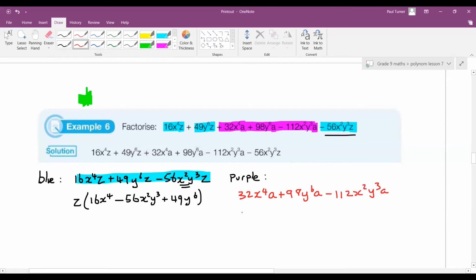And you see a is a common factor. Actually, 2a. 2a is a common factor. 2 can be divided into those three numbers. So 2a will be the common factor. So now we're going to end up with 16x4 plus 56, sorry, I'm skipping ahead. I'm doing the last one.